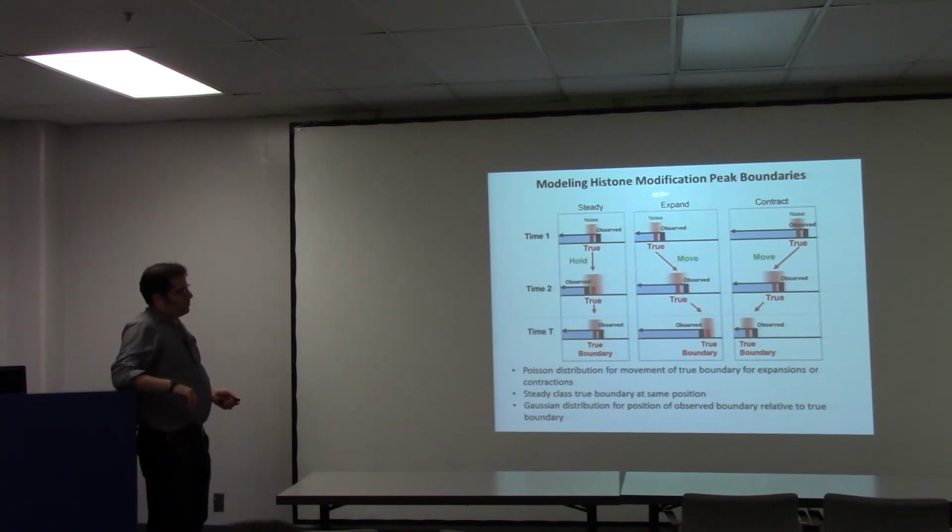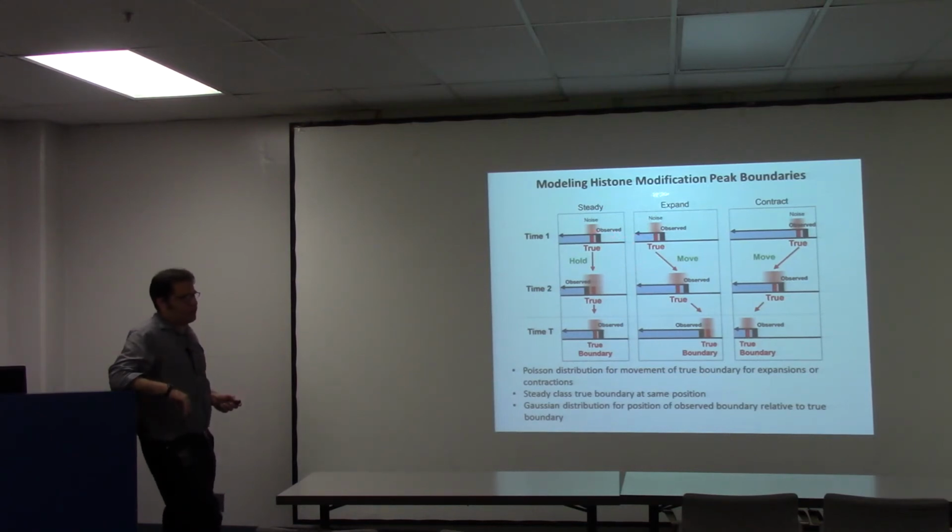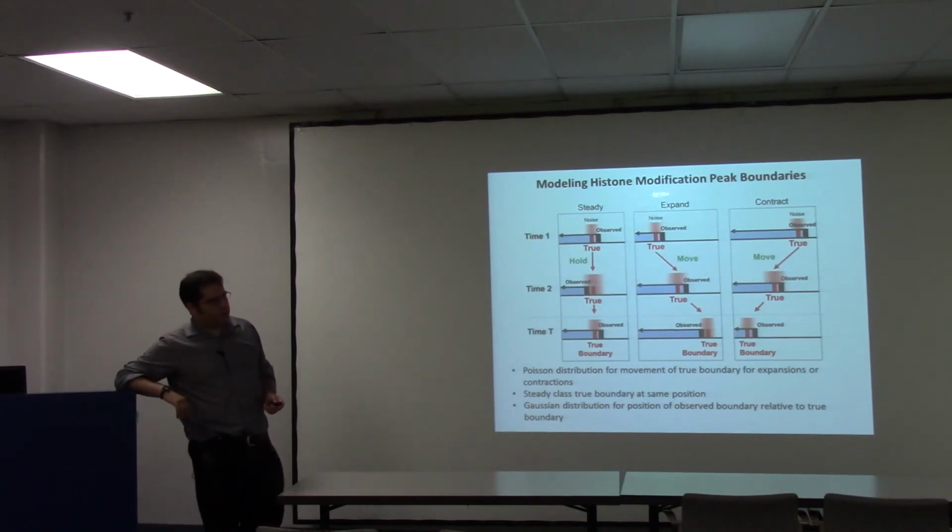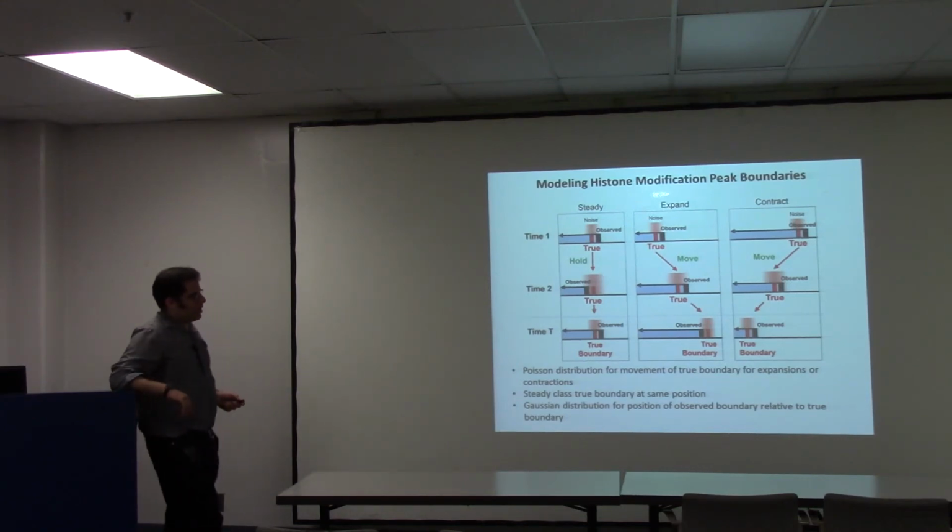So in our modeling, we make the assumption that there's some true unobserved peak boundary that we don't observe directly. What we observe is some noisy observation of where that peak boundary is actually located. We also make another assumption that between any two time points, the true peak boundary could either hold steady, so if it was in the steady class, it would be at the same position, or it could move.